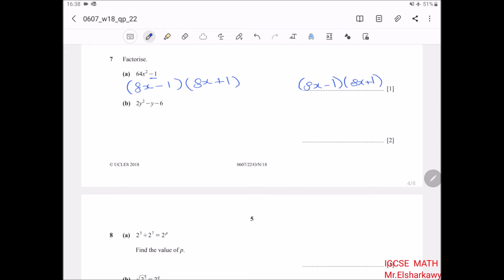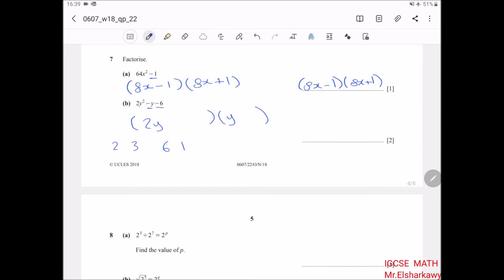Part B, 2y squared minus y minus 6. So one bracket will have 2y, the other will have y. Here we have a minus 6, so we'll either have 2 and 3 or 6 and 1. The 6 and 1 will not work.